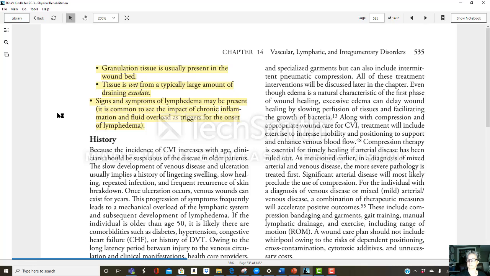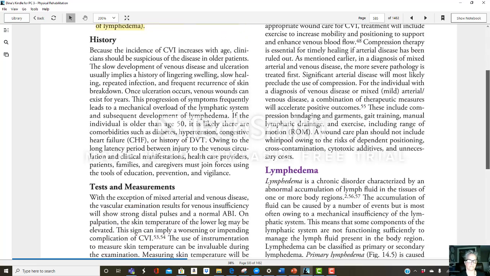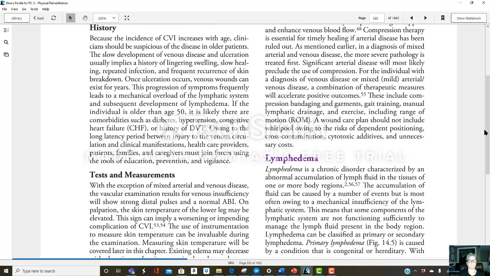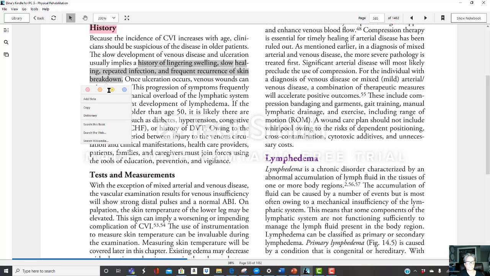History: because the incidence of CVI increases with age, clinicians should be suspicious of the disease in older patients. The slow development of venous disease and ulceration usually implies a history of lingering swelling, slow healing, repeated infection, and frequent recurrence of skin breakdown. Once ulceration occurs, venous wounds can exist for years.